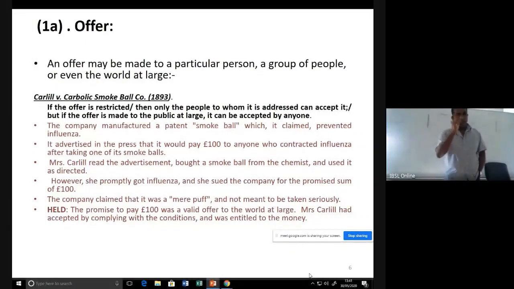A simple point. We say company A makes an offer to company B, and they send an email, and they have typed the email address erroneously, and the email has gone to company C instead of company B. Company C accepts the offer.